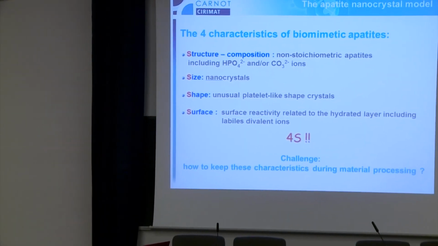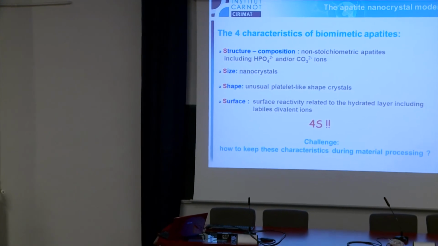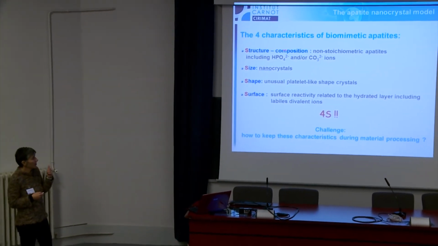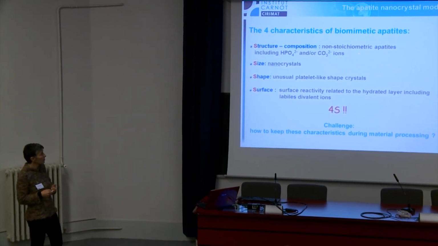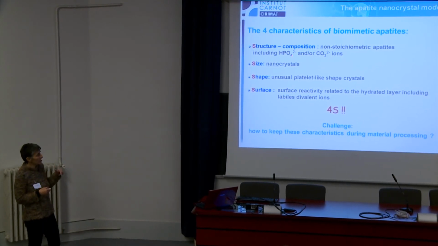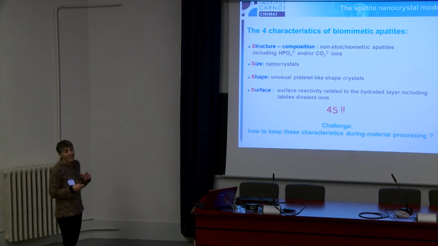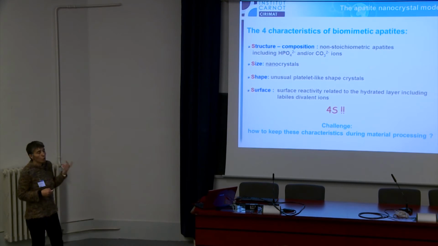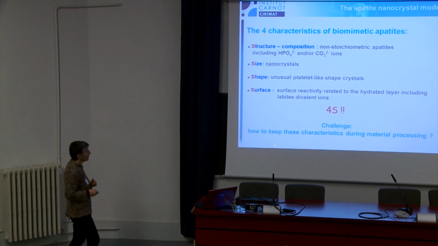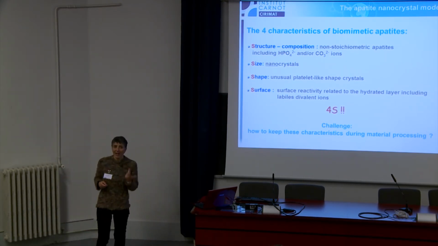The four characteristics of the biomimetic apatite are related to their structure and composition. This is non-stoichiometric apatite that can include HPO4 or carbonate ions. It is a nanocrystal, so the size is nano. The shape is unusual, with a platelet-like shape. The surface is really reactive.